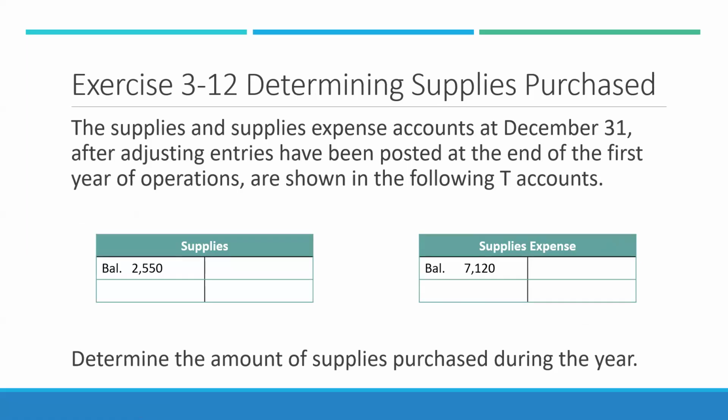So at the end of year one, our supplies expense shows 7,120 and our supplies shows 2,550. How much did we purchase in supplies this year? Wouldn't we add them together? Perfect, 9,670.